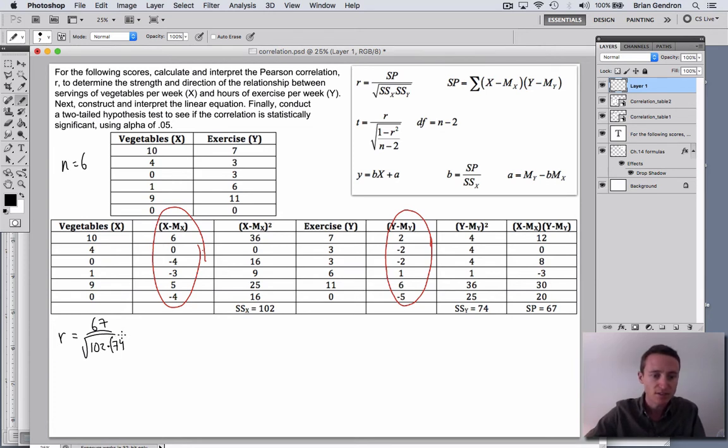Let me make a parentheses just to make it more obvious. Okay, so let's go to our calculator, find out what we have here. And I'm getting 0.77.